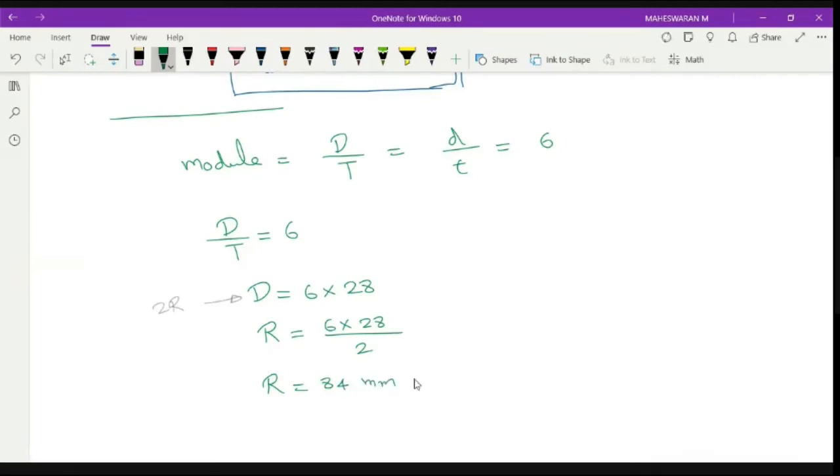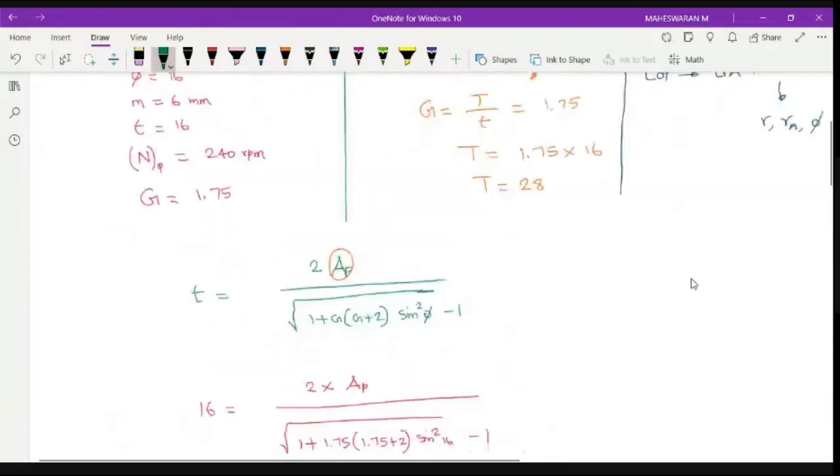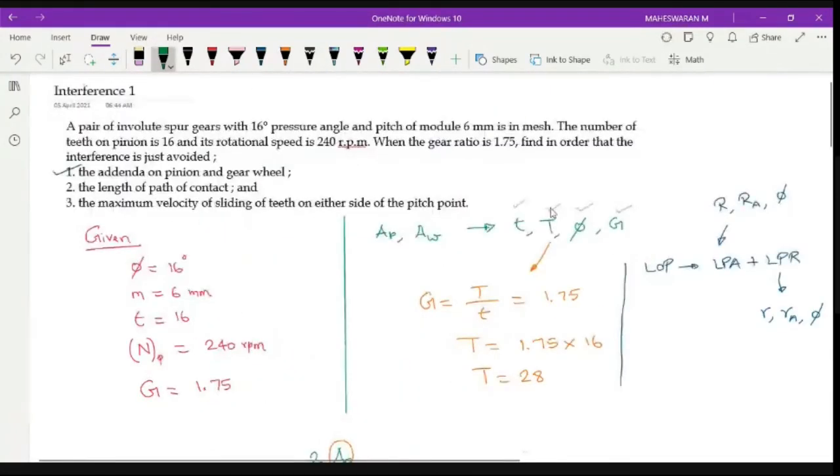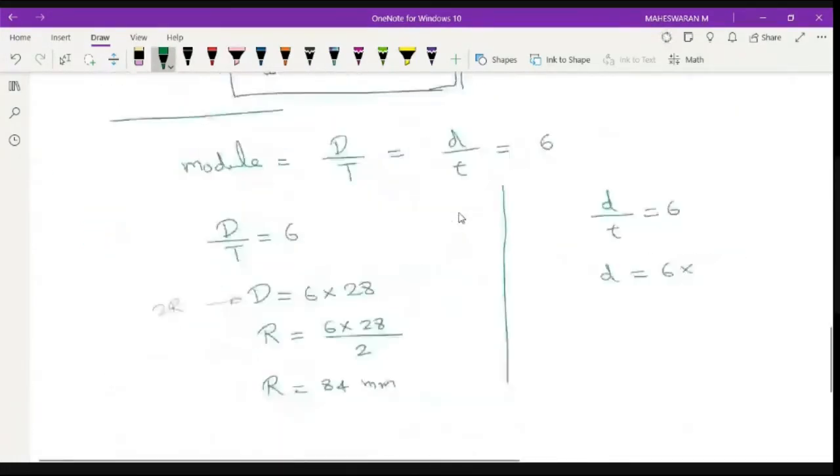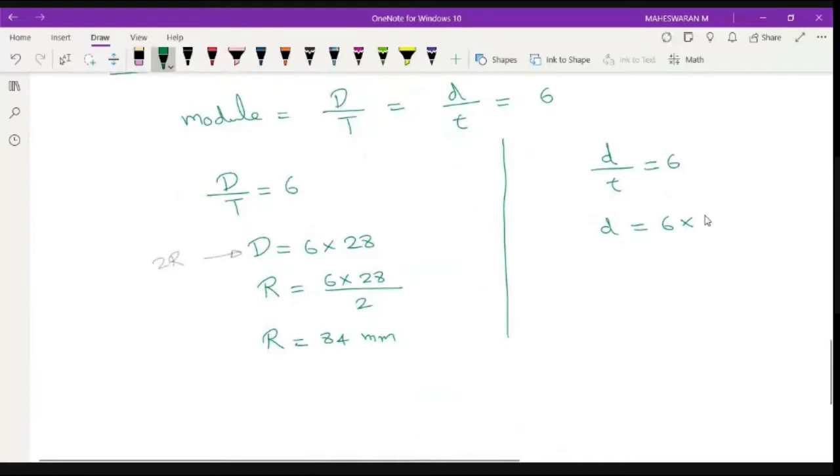Okay, very good. Now small r. Similarly, small d by small t is equal to 6. So small d is equal to 6 into small t. Small t is 16.